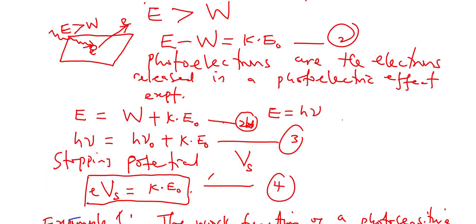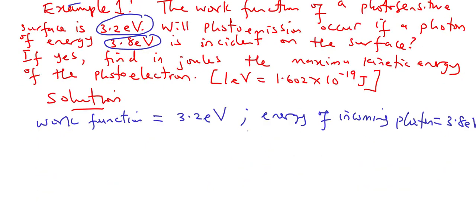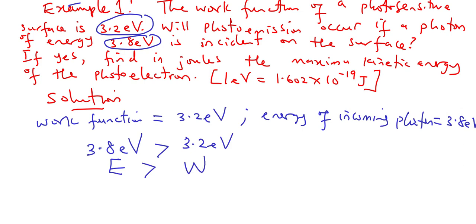We said that the energy of the incoming photon must be greater than the work function. Here we have 3.8 electron volts as the energy of the photon, and it must be greater than the work function, which is 3.2 electron volts. So this is true: 3.8 is greater than 3.2 electron volts.